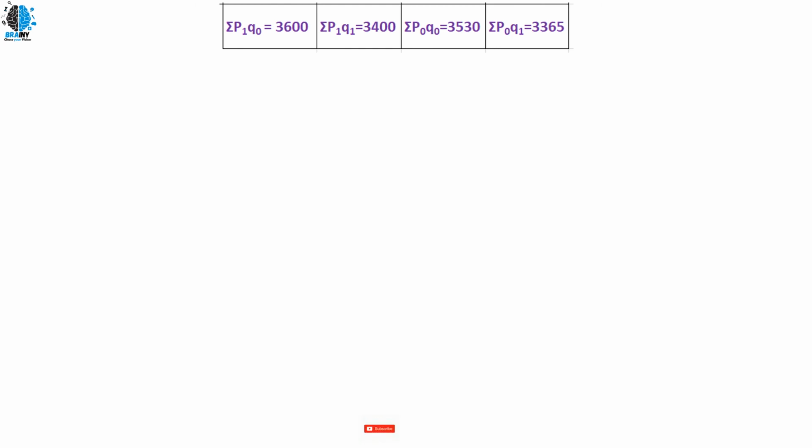These are the final values of the tabulation, which I have calculated as the summation values of each column. If we look at the formulas for the time reversal test and the factor reversal test and see which particular method is going to satisfy them, we came to know that the Marshall-Edgeworth method and Fisher's ideal method are going to satisfy the time reversal formula.